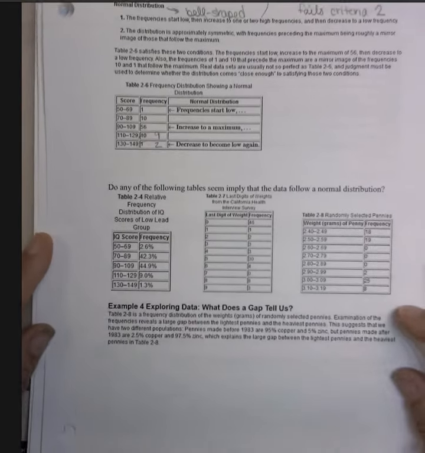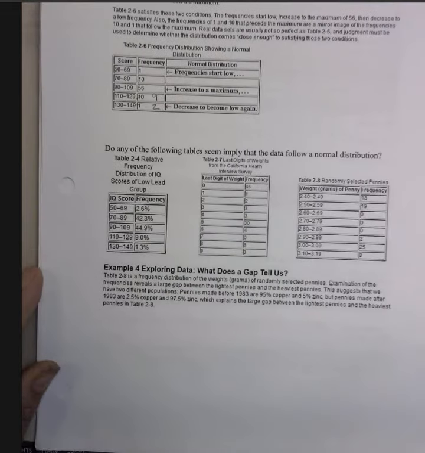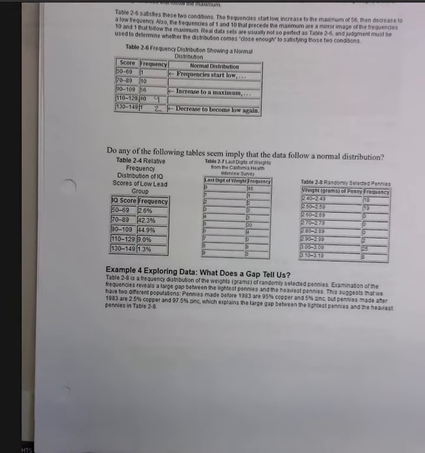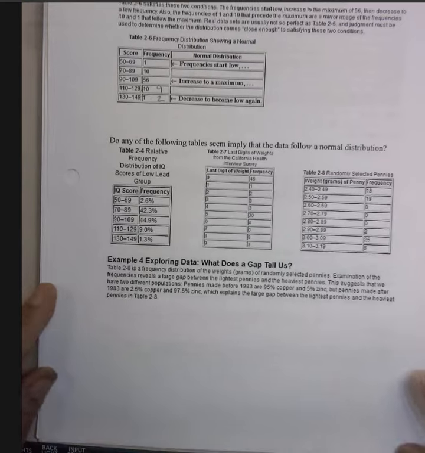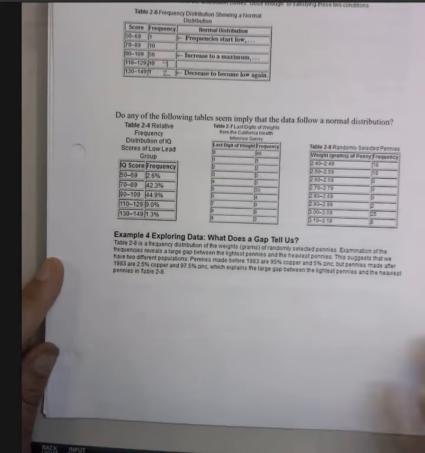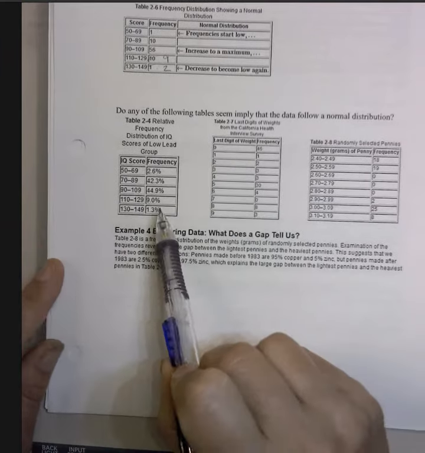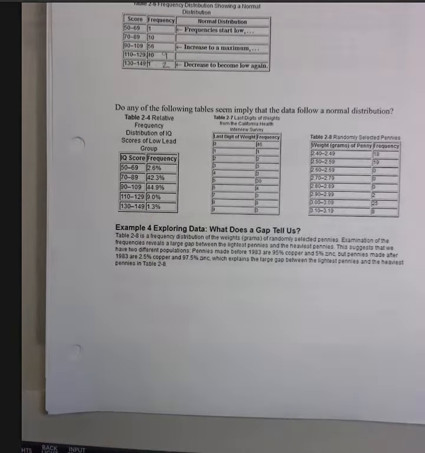Okay, so here we have 3 tables, and it says, do any of the following tables seem to imply that the data follow a normal distribution? So what about this table 2.4? Does it satisfy criteria 1? Yeah, they start low, they increase to 1 or 2 high, and then it goes low again.